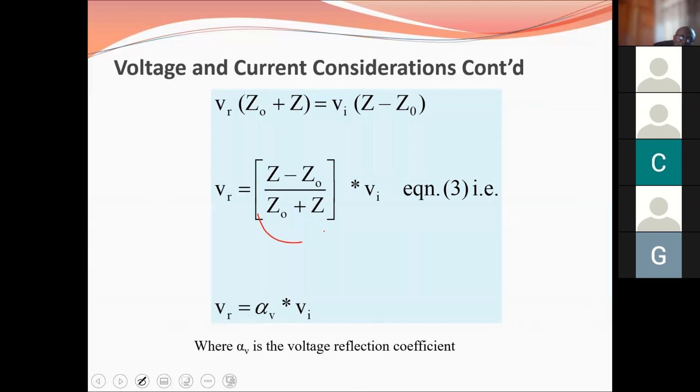And this represents what we call the voltage reflection coefficient.